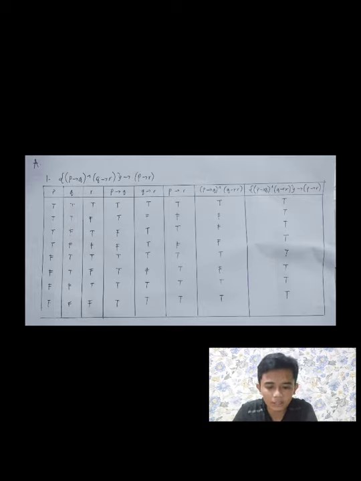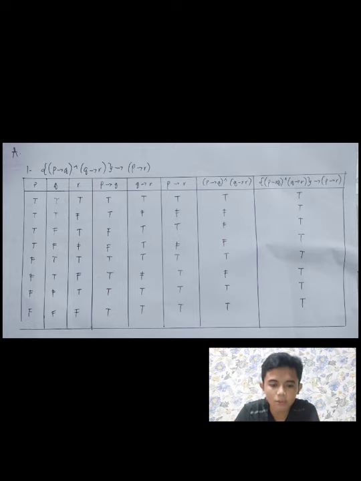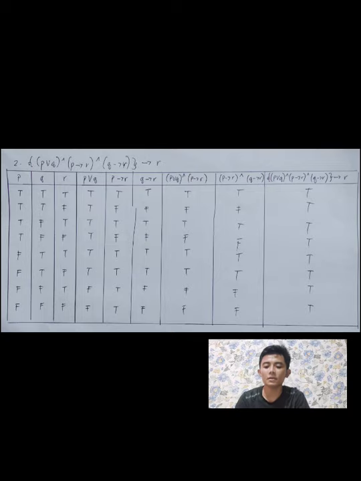Then the last we will find is the value of P implies Q, conjunction of Q implies R, then implies P implies R. The answer is true in every row. That is the answer to number 1.